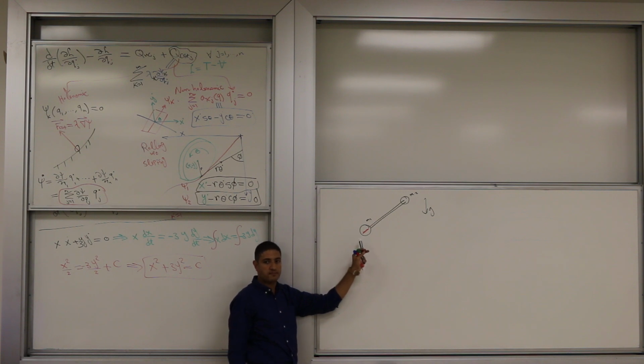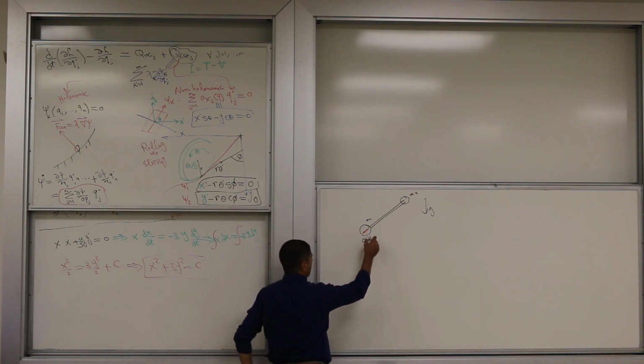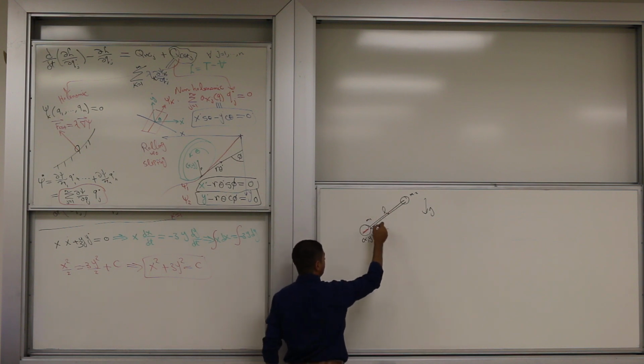But there is one rigid connection, so this will immediately eliminate 1 degree of freedom, right? And then you have this constraint that seems to be a non-holonomic constraint because it's on velocities, right? So let's add here, I have x and y for this mass, and this is L, so I will add here theta.